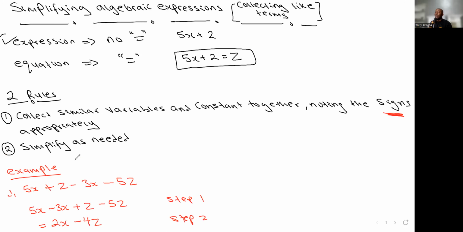Let's pick another example, and make it a little bit more tricky this time. We have 3xz plus 3x minus 5z plus 3z minus 6xz minus 13x plus 5. Now, back to the rule. We have to collect similar variables and constants together, so that's what we're going to do now.